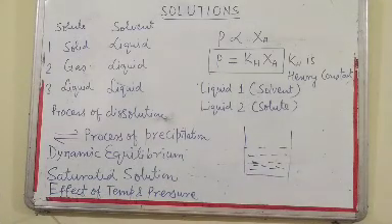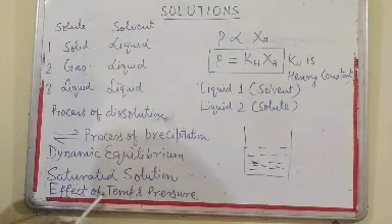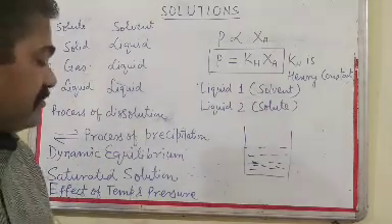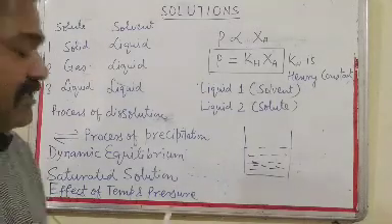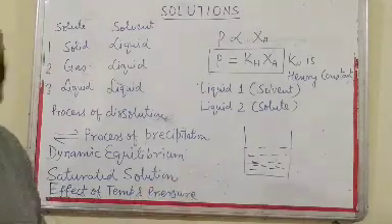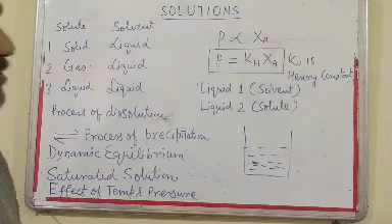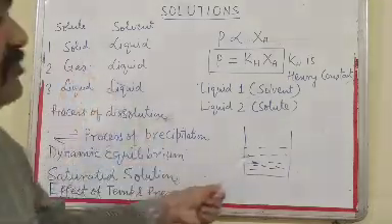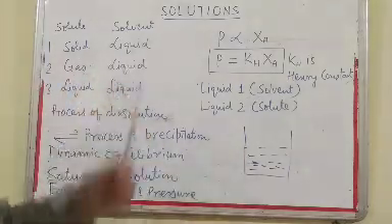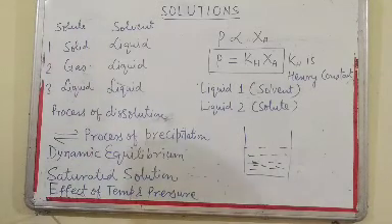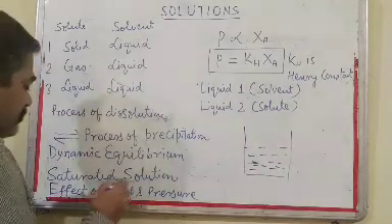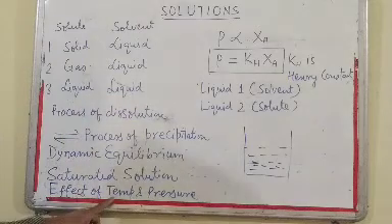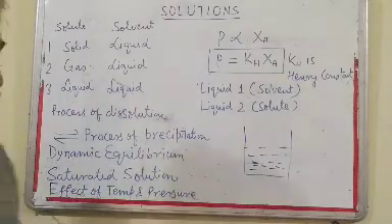Okay. Now we will learn the effect of two factors, temperature and pressure, upon the solubility of the solid solute in the liquid solvent. First of all we will discuss the effect of temperature upon the solubility.